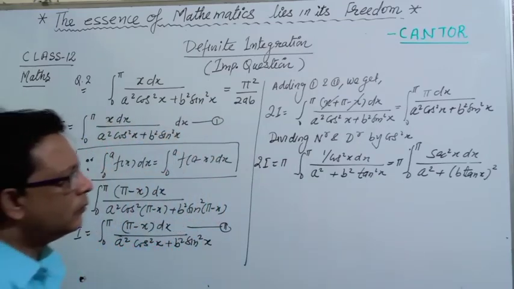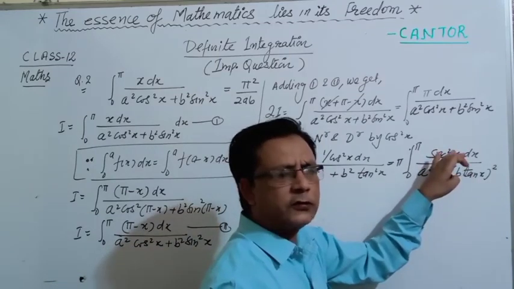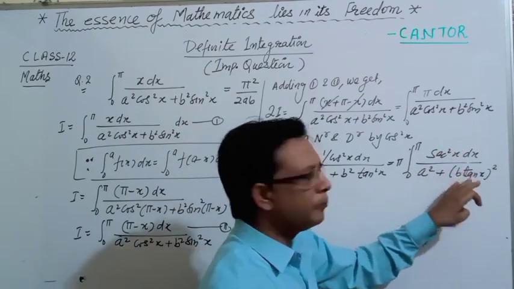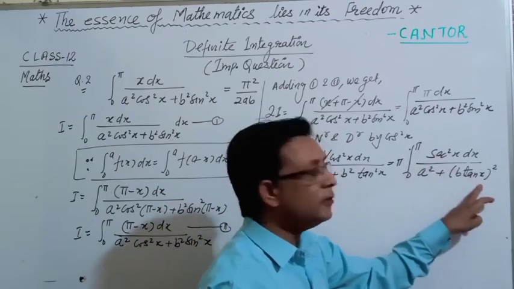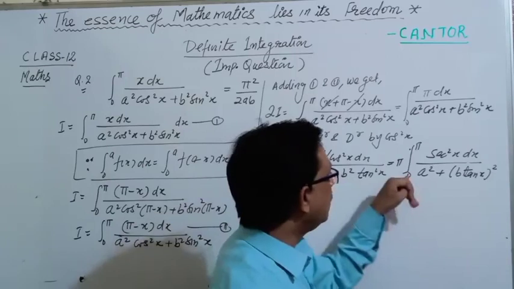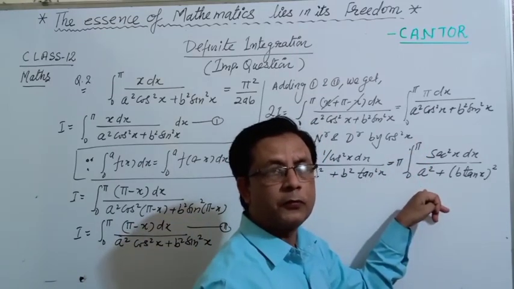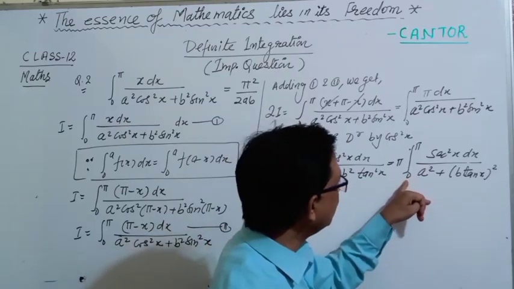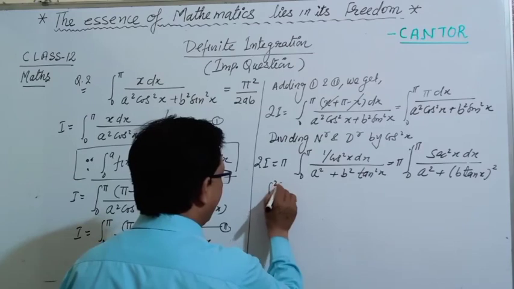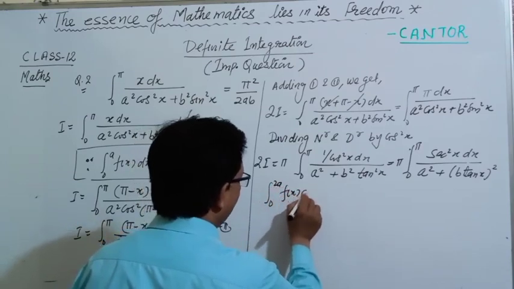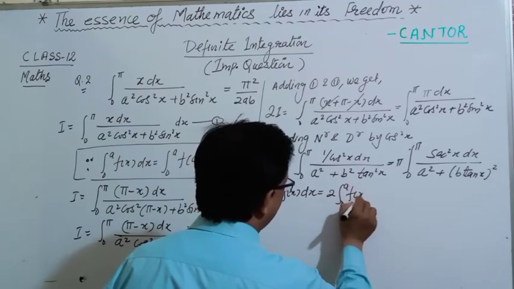Now we consider tan x is equal to t, so the derivative of tan x is sec square x, but tan 0 is 0 and tan pi is also 0. So the limit is 0 to 0, which is impossible. So what we do here, for this we use another property. The property is the integral from 0 to 2a of f(x) dx is equal to 2 times the integral from 0 to a of f(x) dx.